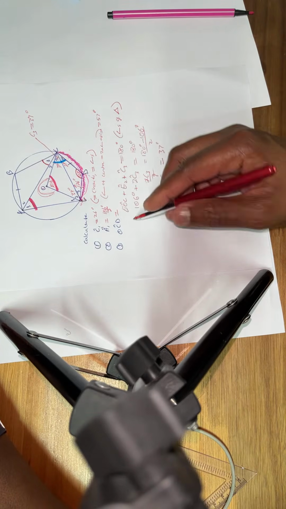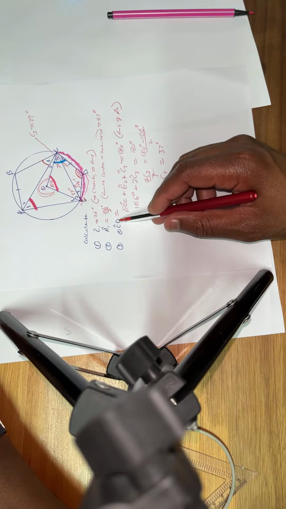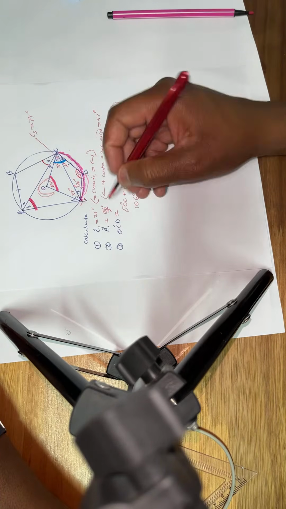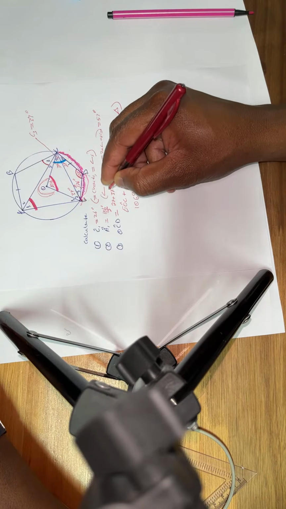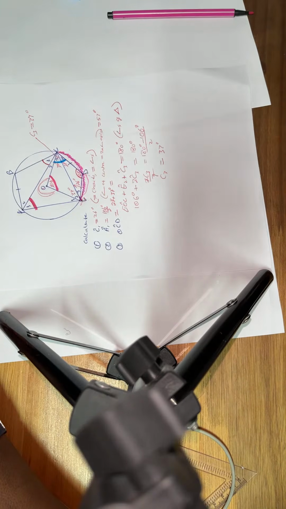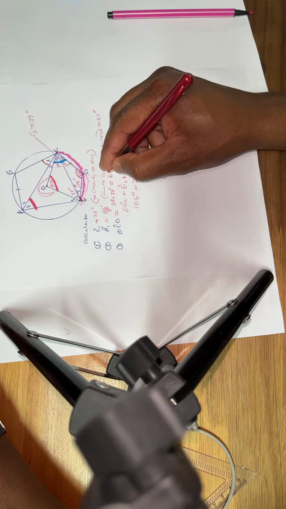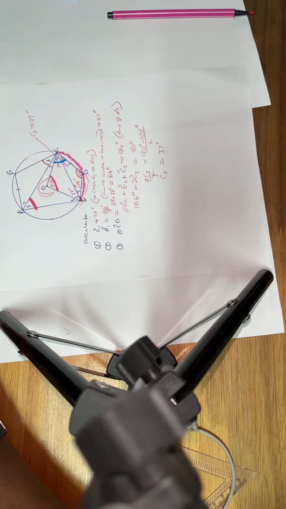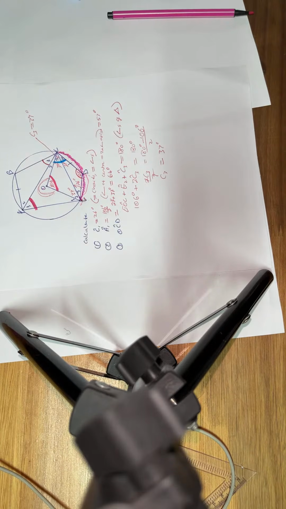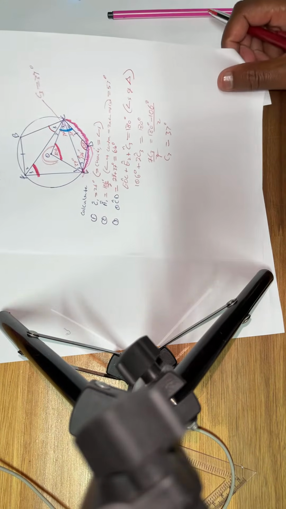Therefore, the whole angle COCD is 27 plus 37 degrees, which gives us 64 degrees. So this angle here is 64 degrees. We nailed it.